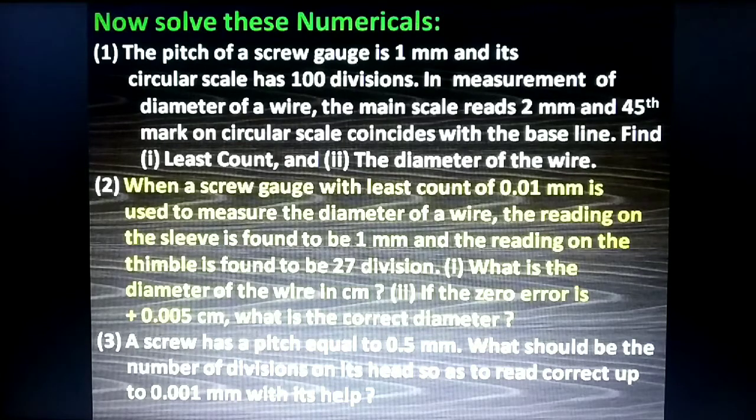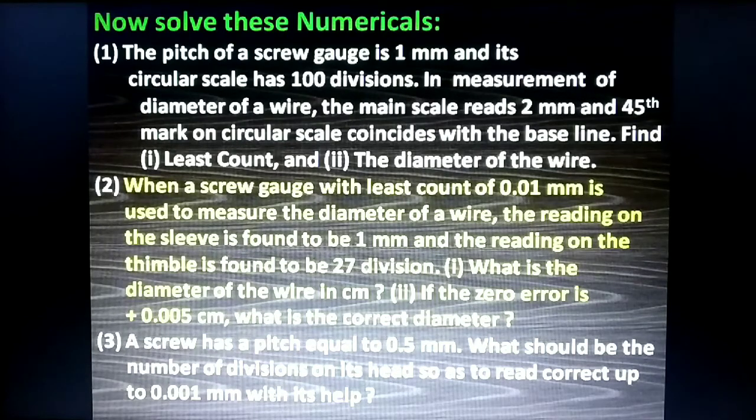Second: when a screw gauge with least count of 0.01 millimeter is used to measure the diameter of a wire, the reading on the sleeve is found to be 1 millimeter and the reading on the thimble is found to be 27 divisions. What is the diameter of the wire in centimeter? If the zero error is plus 0.005 centimeter, what is the correct diameter?